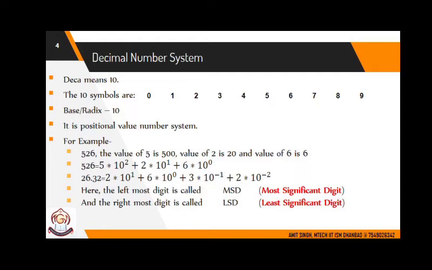As it is a positional value system, you will see an example which is given over here, and every digit has its own value at its position. You will see in the example there is a leftmost digit known as most significant digit, and the rightmost digit is known as least significant digit.